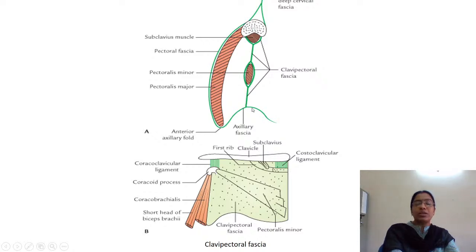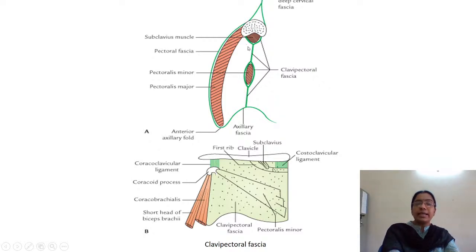Means it suspends the top of the axilla; the dome, the concavity of the axilla, is made by means of this ligament, which is called the suspensory ligament of the axilla.